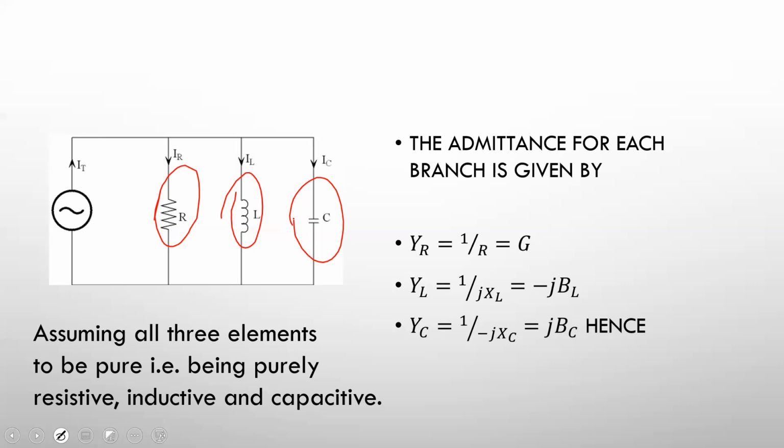So if I were to find the total admittance, we know from AC circuits that the total admittance would be YR plus YL plus YC, all right? And making the substitution, it means that YT is equal to G minus j into (BL minus BC).